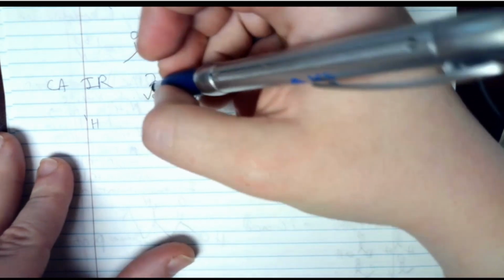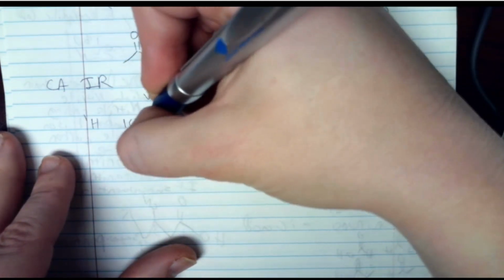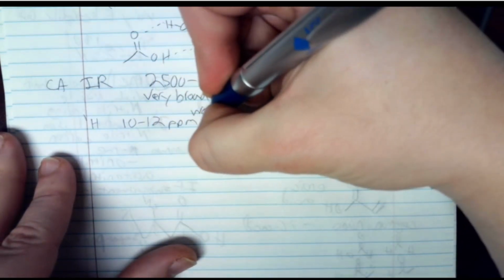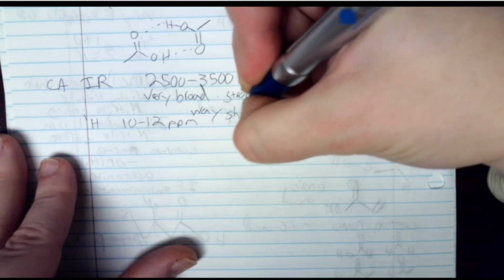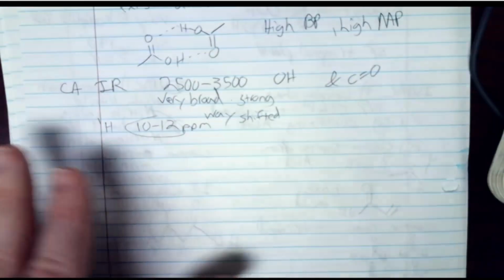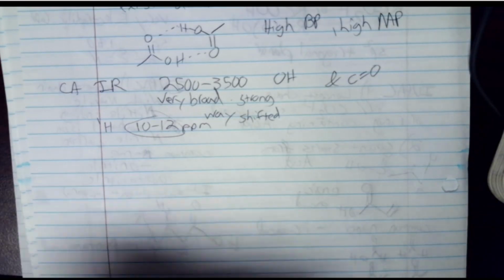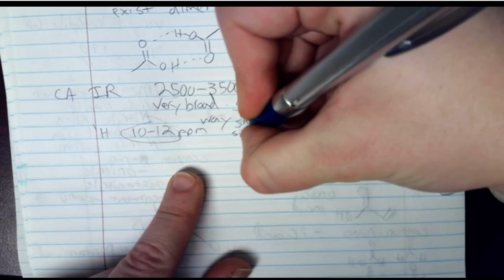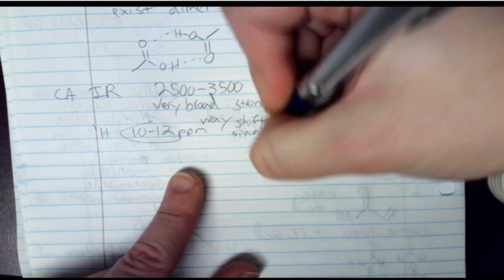In the proton NMR, you should see a proton in the 10 to 12 region. So that is way shifted. You're not going to see any of the carbon-carbon double bonds, and it's going to be a singlet. It's always going to be a singlet. This guy's not going to be coupling with anything else.